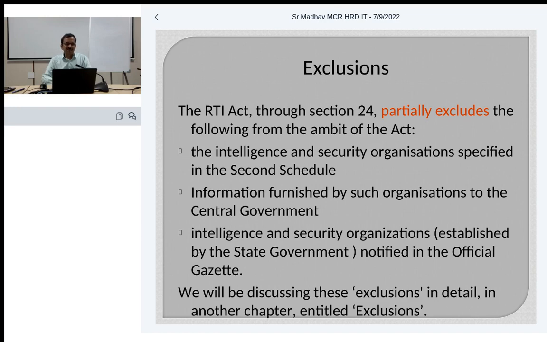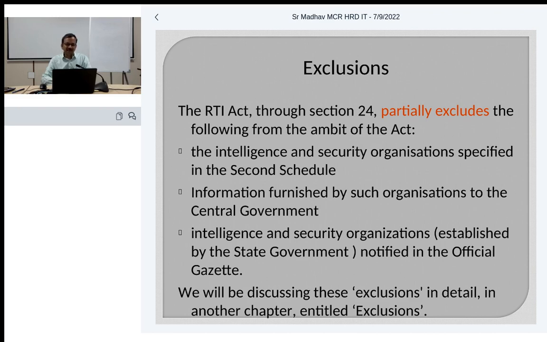But these are not completely excluded. They are partially excluded. What does it mean? It means if there is any information that relates to allegations of corruption or allegations of human rights violation, then the public authority is supposed to provide that information, disclose that information.